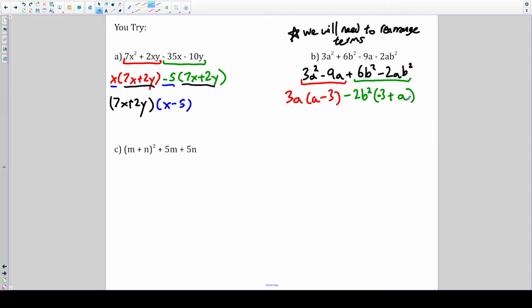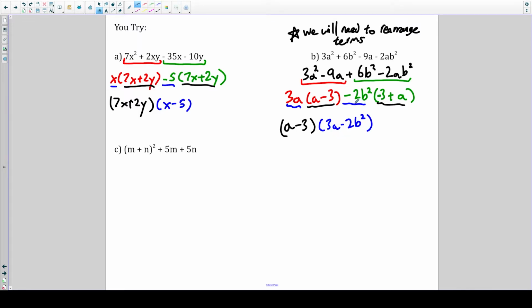And we'll notice that if we were to just go right to left, we'd have a minus 3, or a plus a negative 3. So a plus a negative 3 would be the same thing in both sets of brackets here. So I'm going to go ahead and factor out that a minus 3 towards the front. And then what's left over is 3a minus 2b squared.